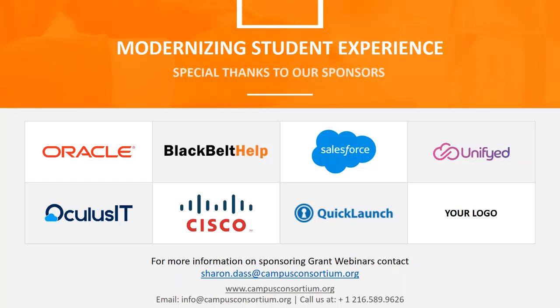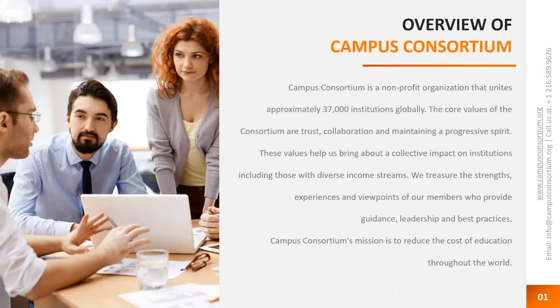For those of you who are unfamiliar with the Campus Consortium, the organization was established in 2003 by 14 research universities that came together to create a nonprofit organization as a shared services entity that could help institutions avoid reinventing the wheel. And GDPR is a really good example. Not everybody's an expert on data privacy or on security.